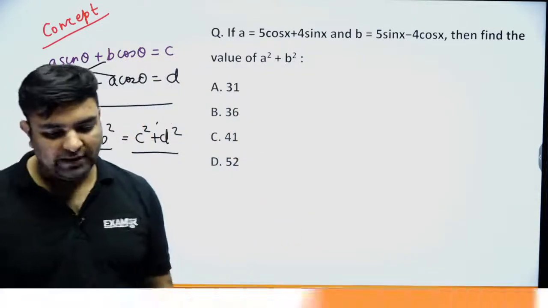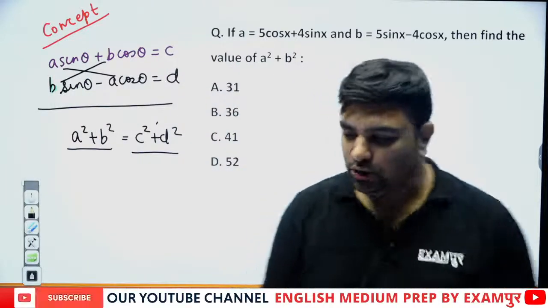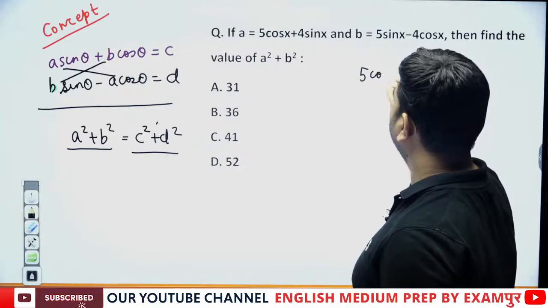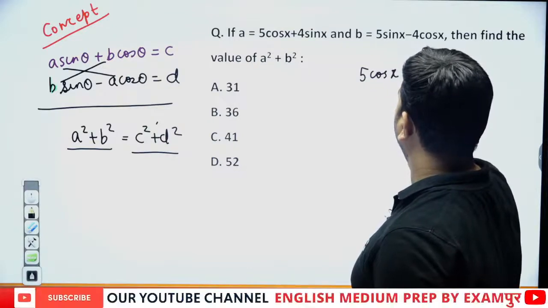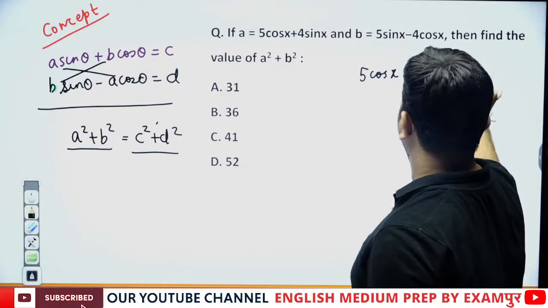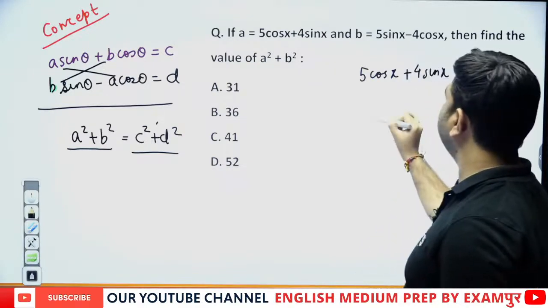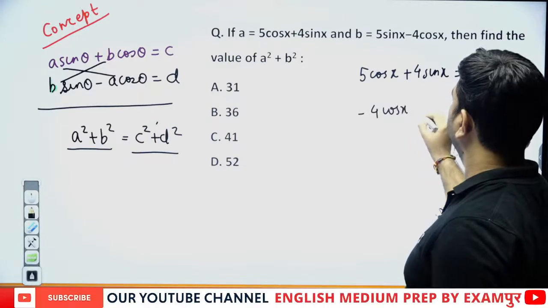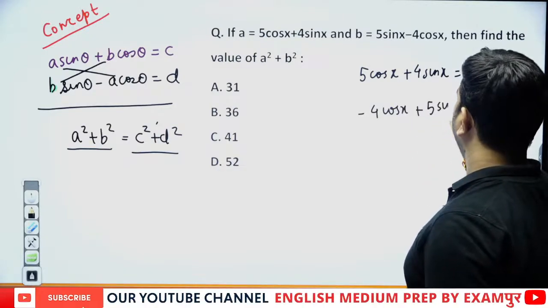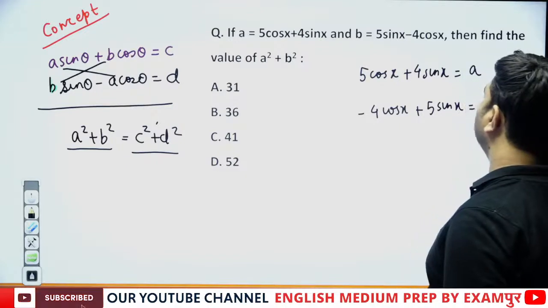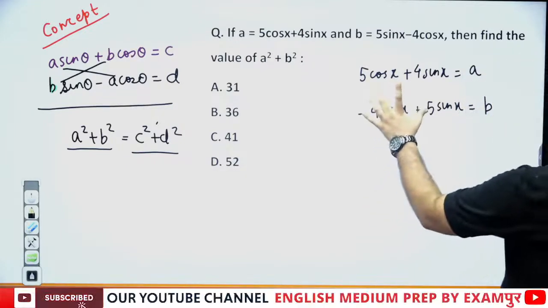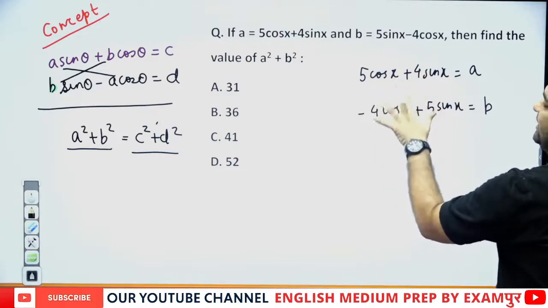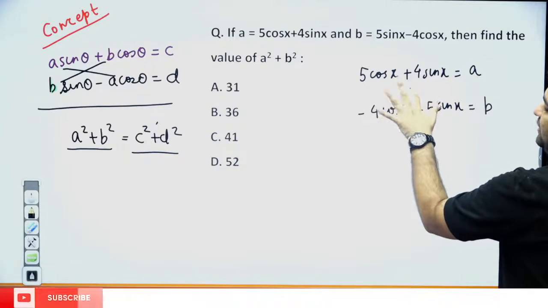I can show you the proof as well if you want. So here the condition is the same: the coefficients are interchanged with the change in sign at one place.